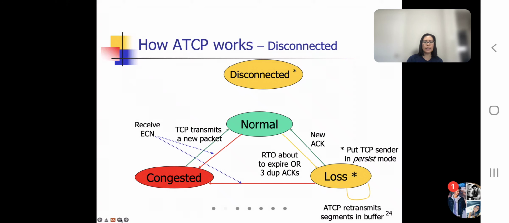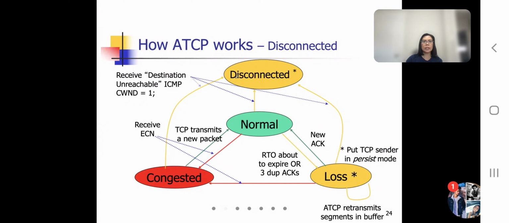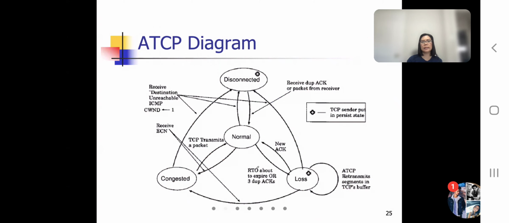Okay, and this is the illustration. It received destination unreachable. It goes from congested to disconnect, or from normal to disconnect, or from lost to disconnect as well. And then when it receives a duplicate acknowledgement or a packet, it goes back to the normal state. All right. Okay, and this is the same diagram in black and white.